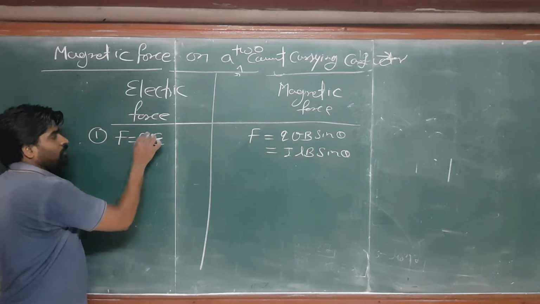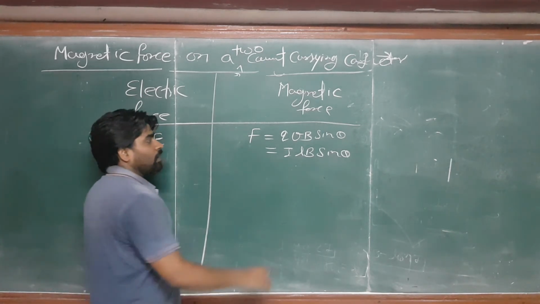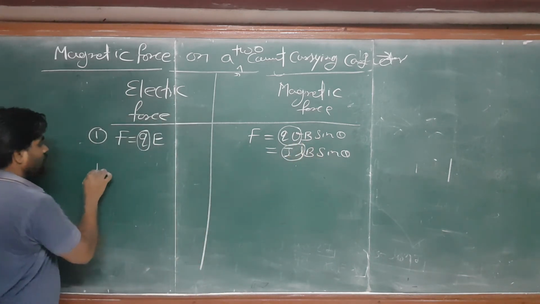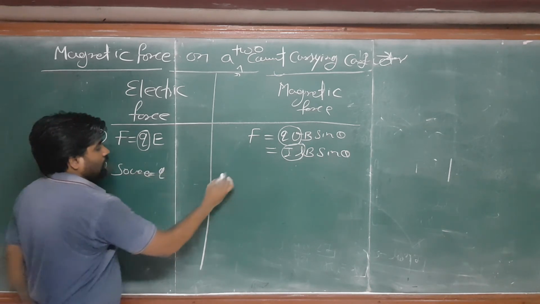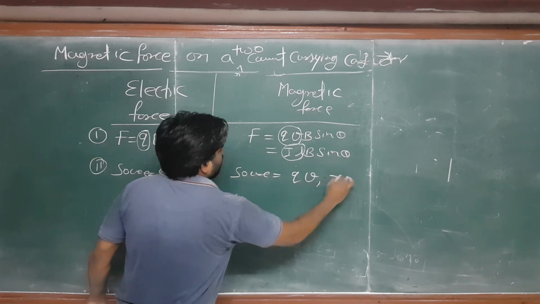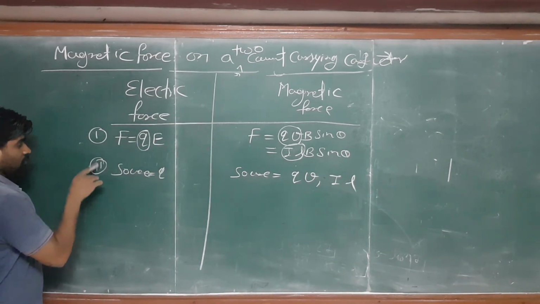The source of the electric force is the charge, and the source of the magnetic force is QV and IL. Right? That is point number 2.